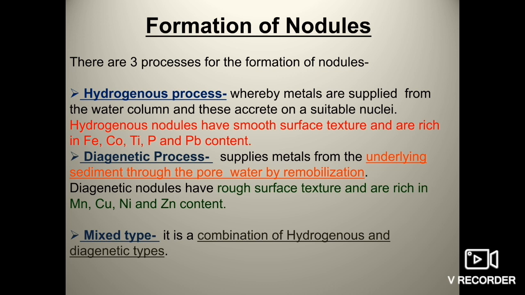Hydrogenous nodules have a smooth surface texture, and they are very rich in iron, cobalt, titanium, potash, phosphorus, and lead content.